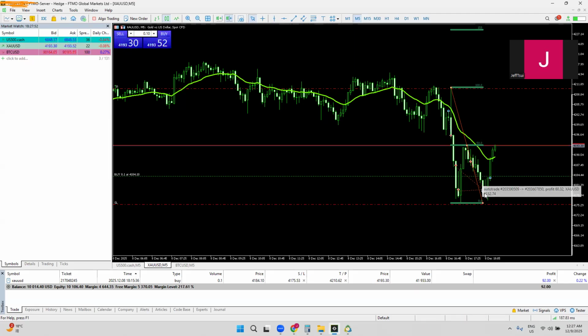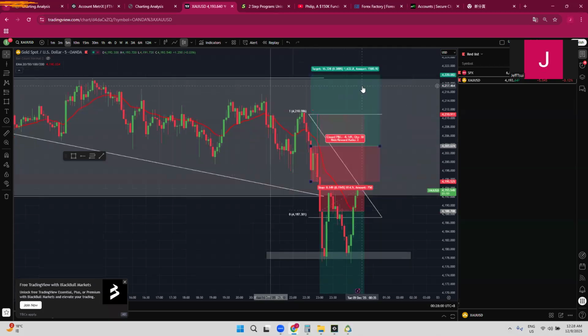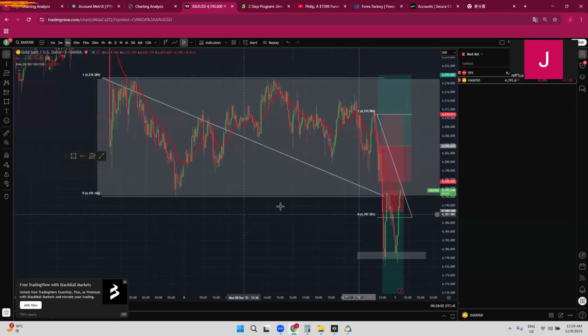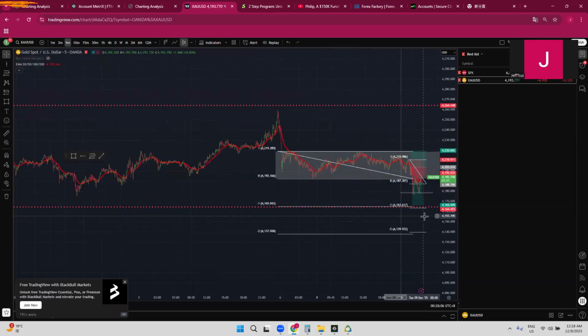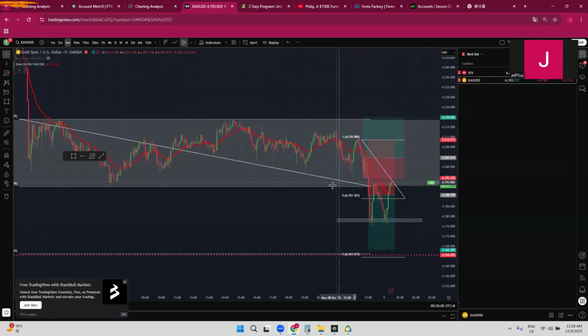Here is a micro double top, a double bottom as well, right? This is something that I know, and I'm pretty sure that it can reach the range high, right?